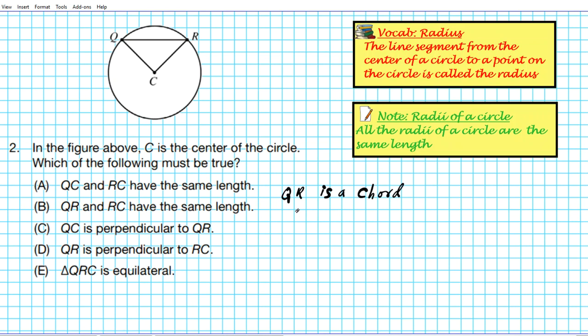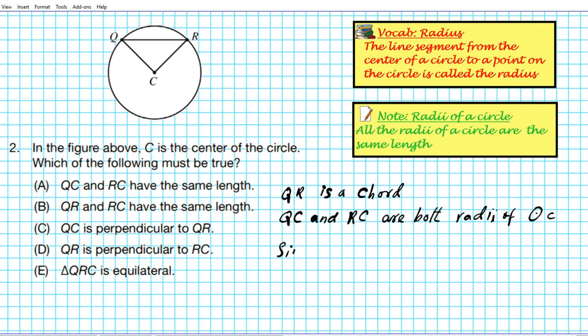So segment QC and RC are both radii of circle C.